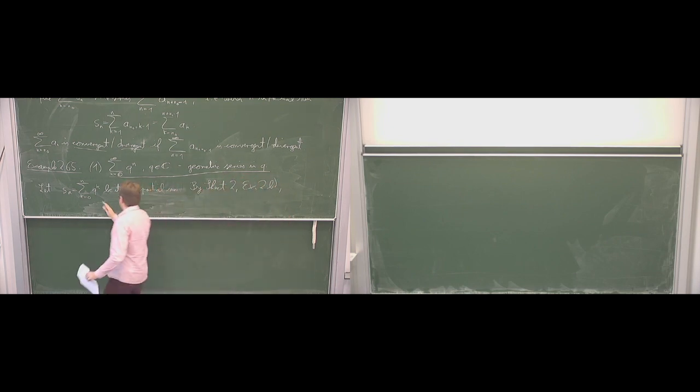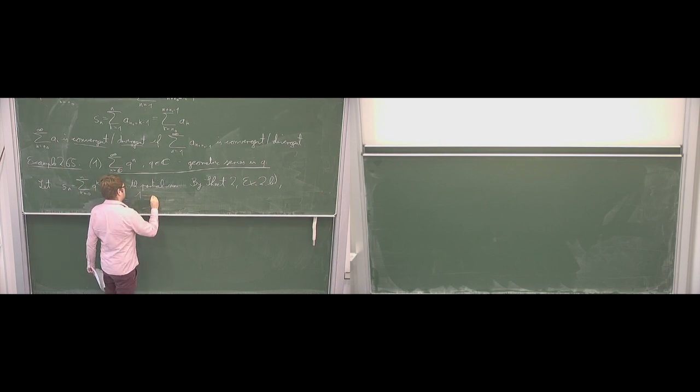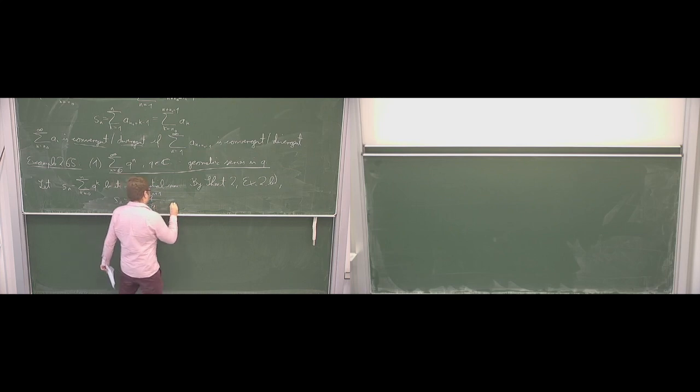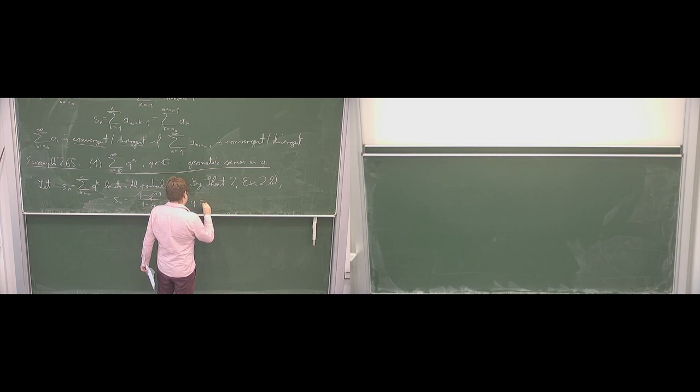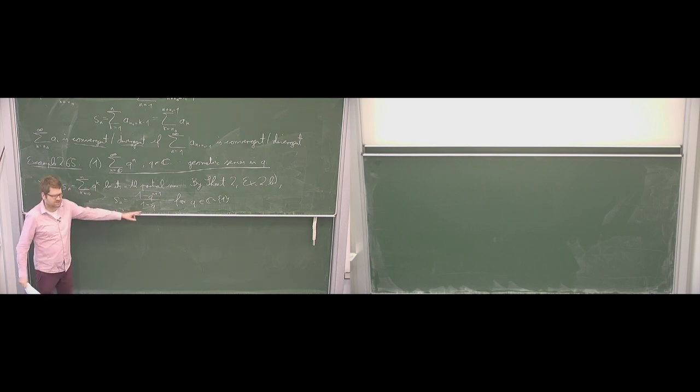There you have proven that S_n is equal to (1 minus q to the n plus 1) divided by (1 minus q), for q in C without 1. So q equal to 1, of course, has to be excluded, otherwise this expression isn't well defined.